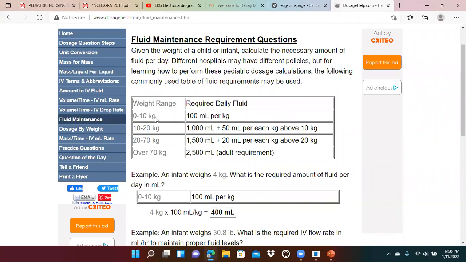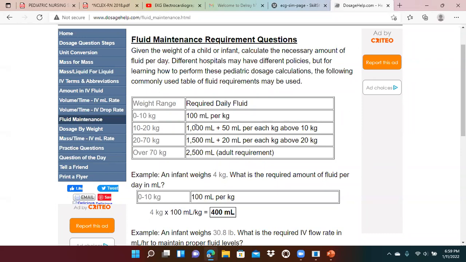So if my baby is 8 kilograms, it should be 100 ml times 8, right? Then the total should be 800 ml of liquid needed for 24 hours. If my baby is 10 to 20 kilograms, they need 1000 ml plus 50 ml for each kg above the 10 kilograms.